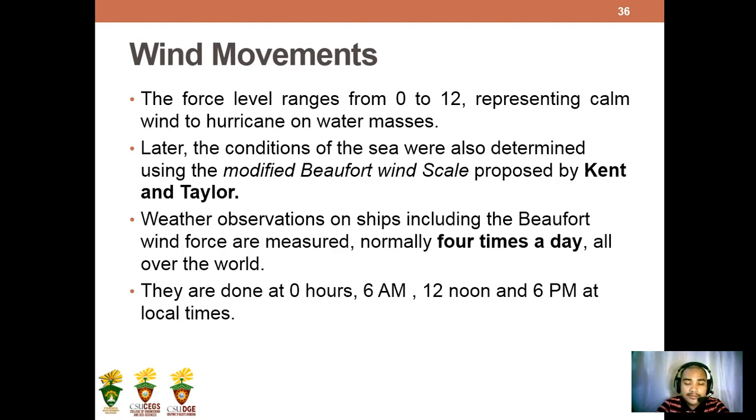Weather observations on ships, including the Beaufort wind force, are measured around 4 times a day all over the world. These are done at 0 hours, or midnight, 6 a.m., 12 noon, and 6 p.m. local time. So it is observed four times in a day.